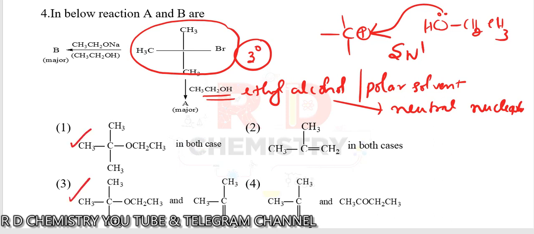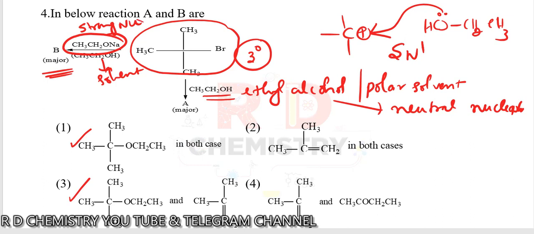Okay. Now see the B reaction where ethyl alcohol is a solvent here and its salt acts as a stronger nucleophile because it is negatively charged. So, remember, a stronger nucleophile always, okay. Now in this case it should give an SN2 reaction, but it does not give an SN2 reaction because the alkyl halide is tertiary.